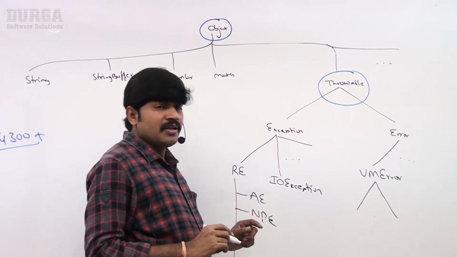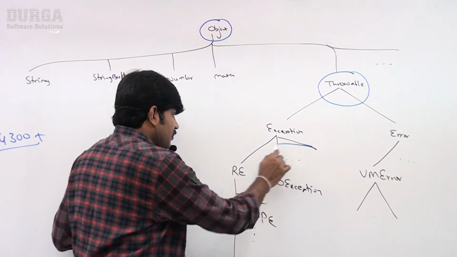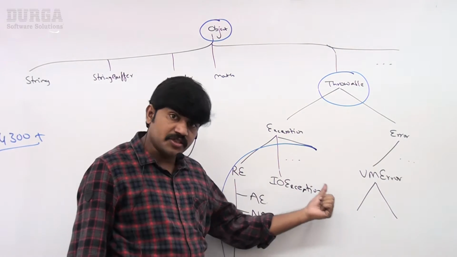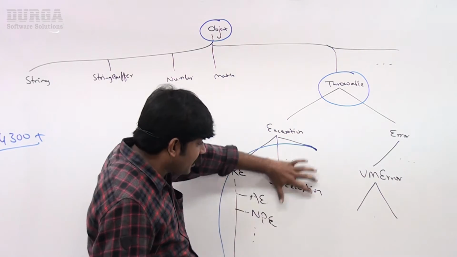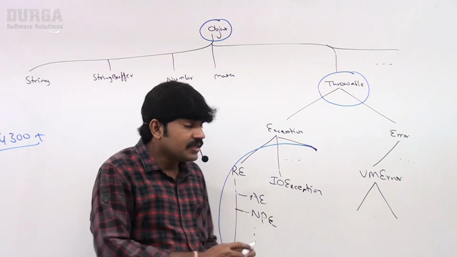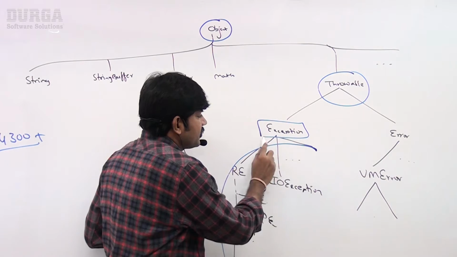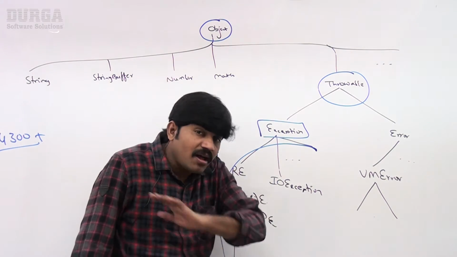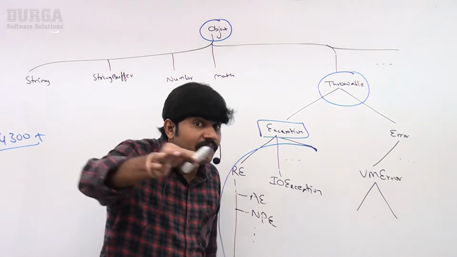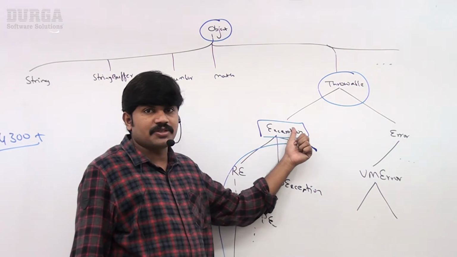Do you know? For all exceptions, it may be RuntimeException, IOException, SQLException, for all exception classes, the most commonly required methods are defined inside the Exception class. Remember that. So for all exceptions in Java, the most commonly required methods are defined inside the Exception class.